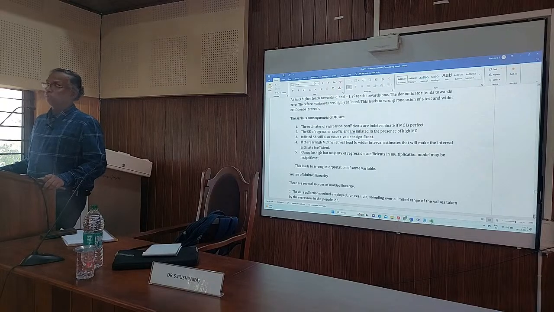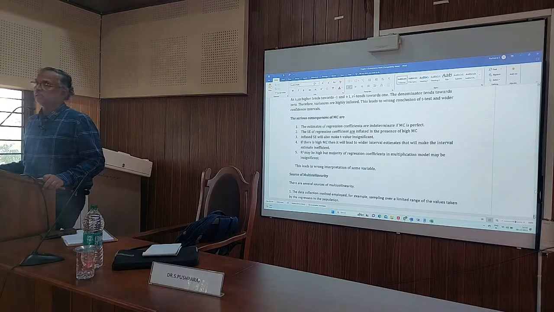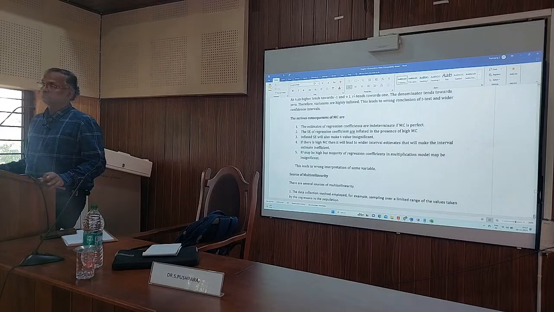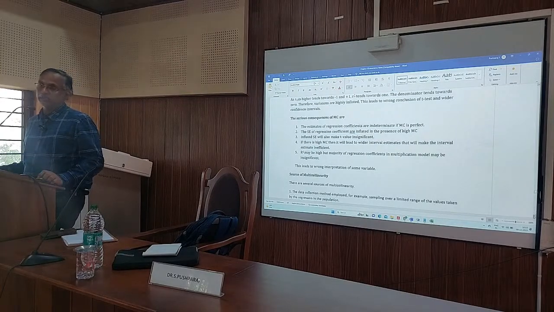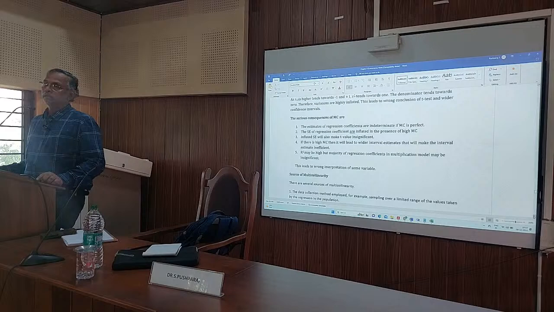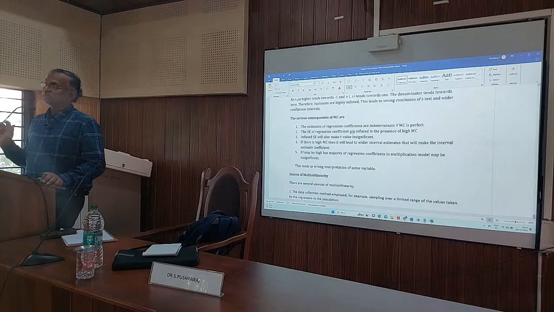Another problem you can expect in the presence of multicollinearity is that sometimes the sign of the coefficient will be perplexing. If the multicollinearity is really a serious problem, it will confuse the sign of the coefficient.